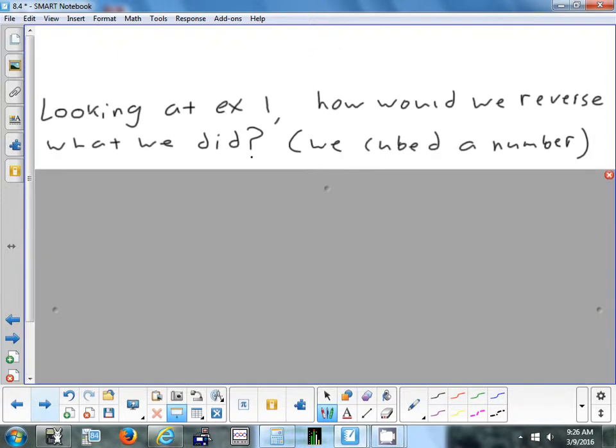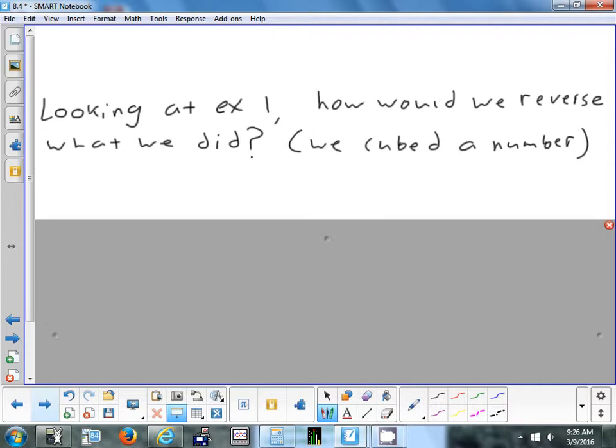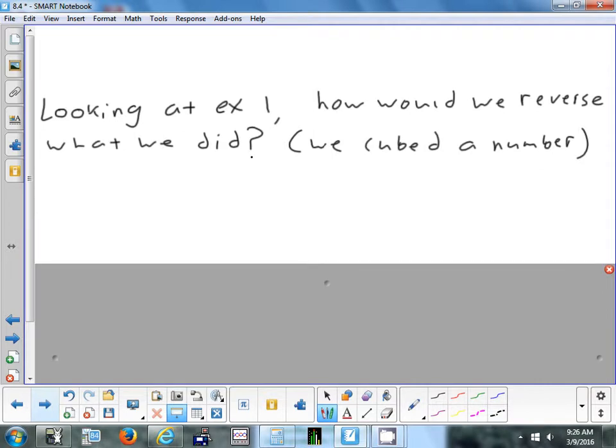Now, thinking back to that first example that we did, we cubed something in example 1. What's the reverse of cubing? How do you go backwards? Yeah, it's a cube root, okay? So how would we reverse what we did?